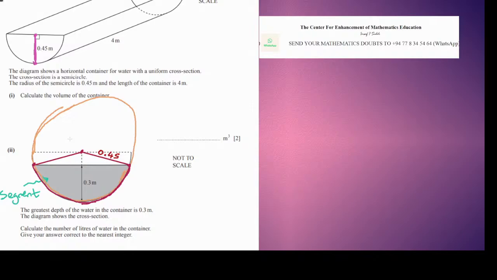Not only that, even this is 0.45, what I'm drawing in blue now. The entire blue line is radius, it is 0.45. Then what would be this path's length, the segment that I'm showing in orange? The entire thing is 0.45. From 0.45, I subtract this 0.3. Then what do I get? I get 0.15.